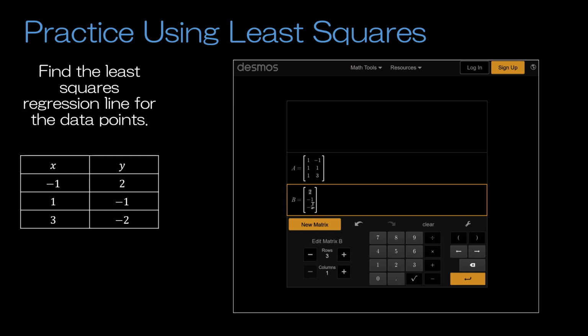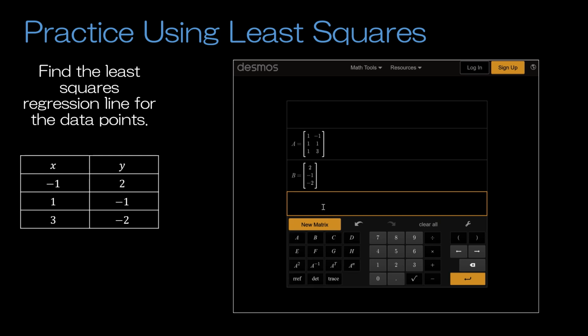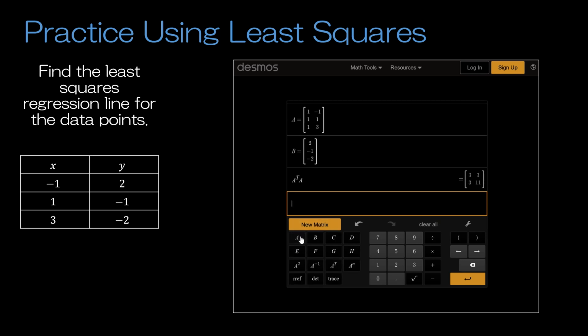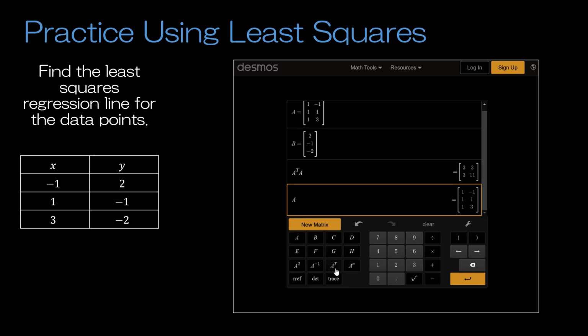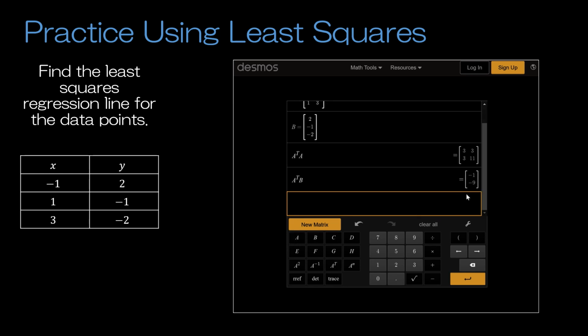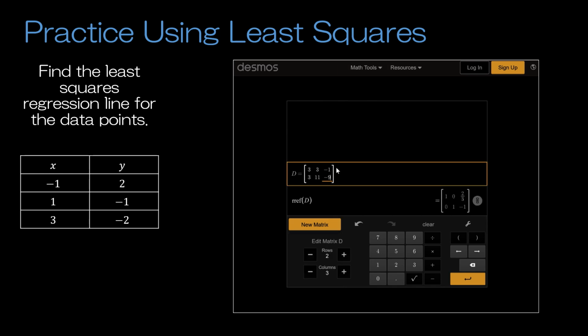So remember, the first thing that we're going to do is find A transpose A and A transpose B, and we're going to create a new equation using A transpose A, X, A transpose B. So we're going to put that together into a new matrix, 3, 3, negative 1, 3, 11, negative 9.